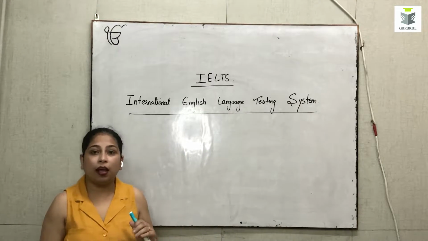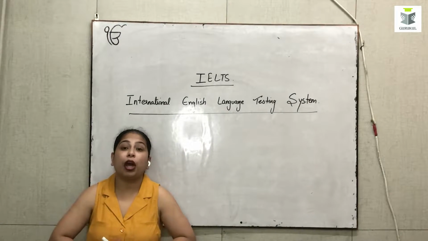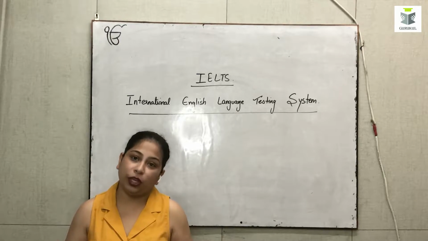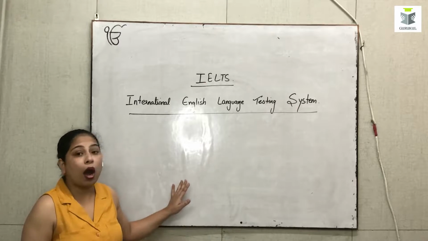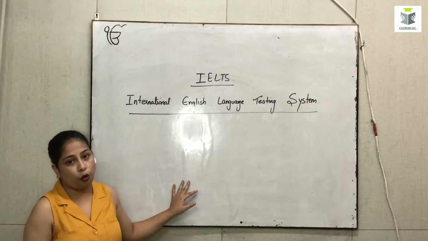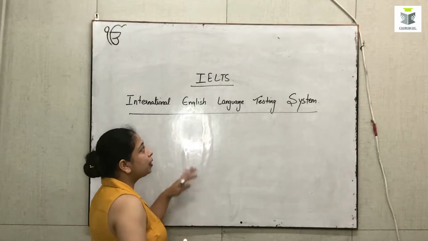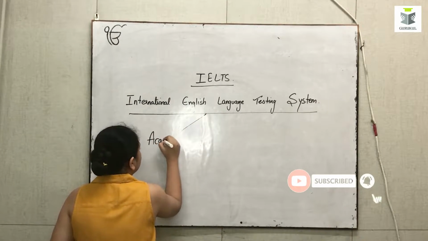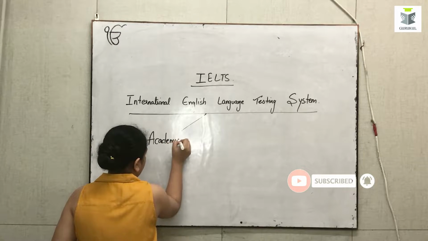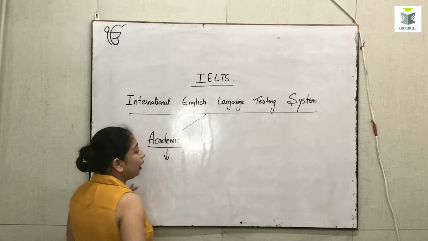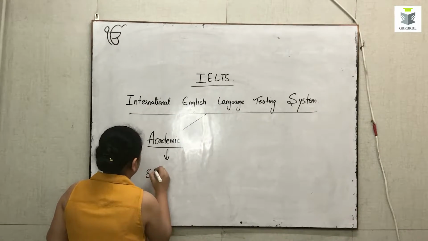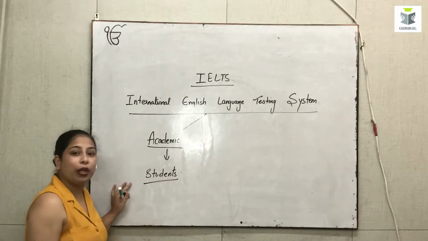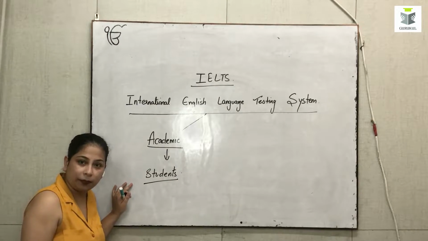IELTS is a language proficiency exam which enables you to migrate to different countries for your study or for immigration purposes. Now, if you are interested in going abroad for higher education, you will sit for the IELTS exam, specifically the IELTS Academic exam, which is mainly for students willing to apply for a study visa.